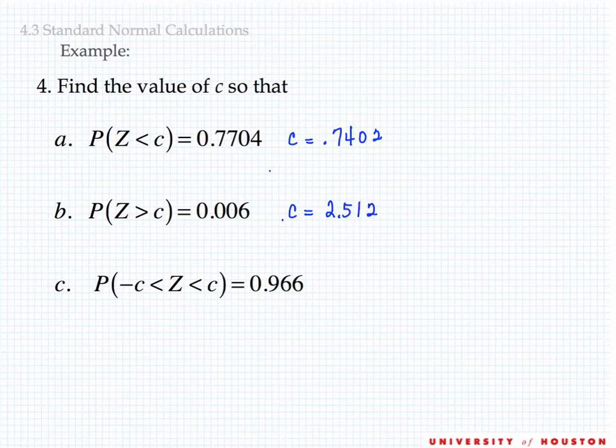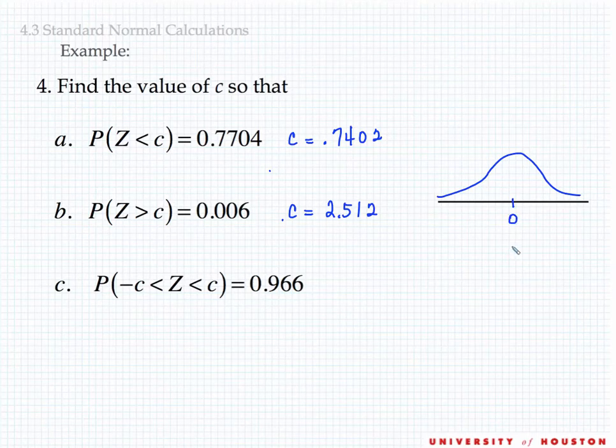Let's look at this quickly on the graph so you can see that this makes sense, that C is giving me these values. These are standardized since we're working with Z's. These tell me how many standard deviations we are from the mean. Remember, a standard normal centered at 0.